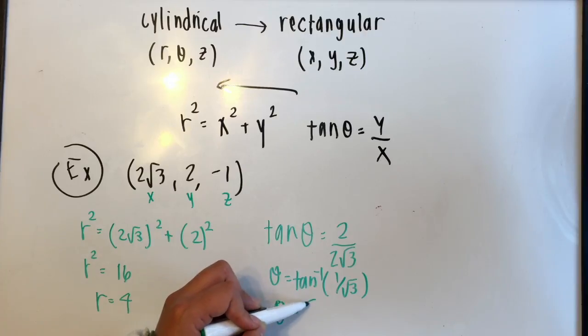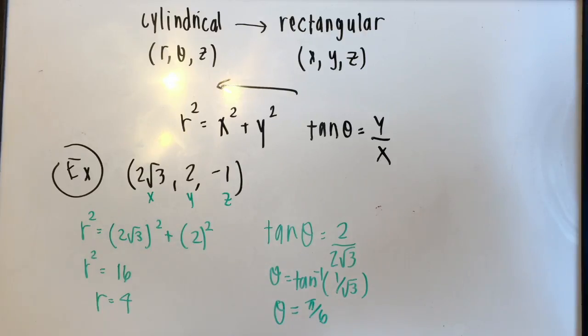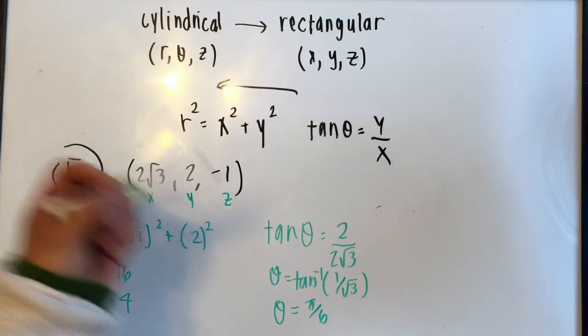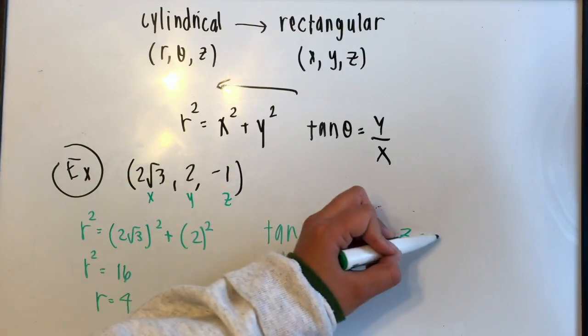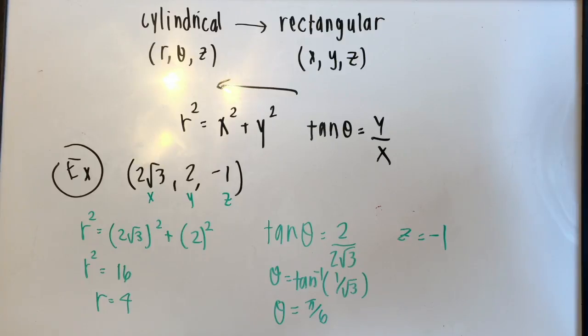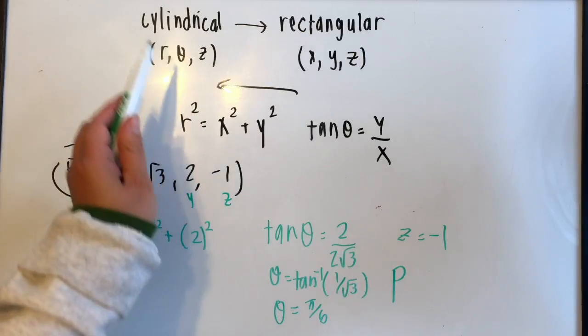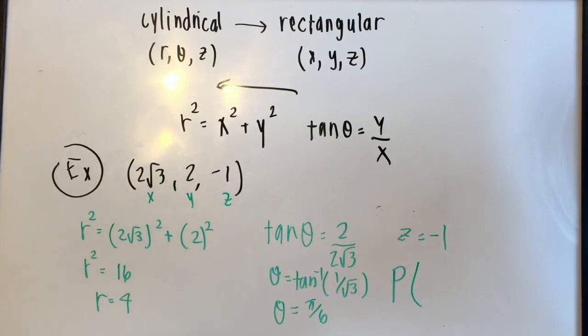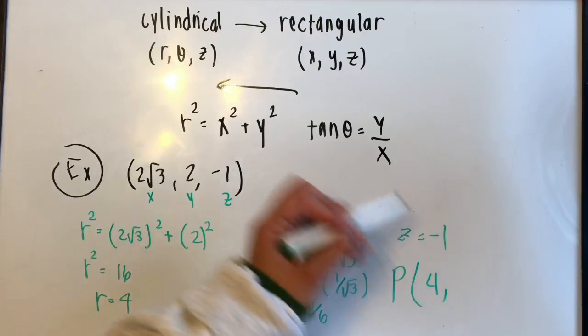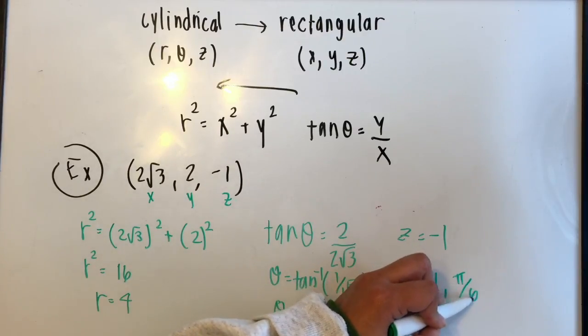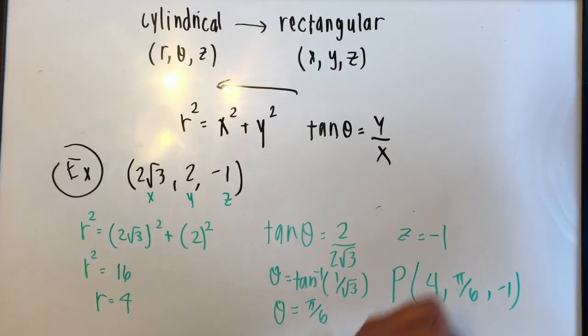So our theta equals pi over 6. And our z is the same value, z equals negative 1. So our new point in cylindrical coordinates would be 4, pi over 6, negative 1. It's not very hard, it's just plugging in and evaluating from there.